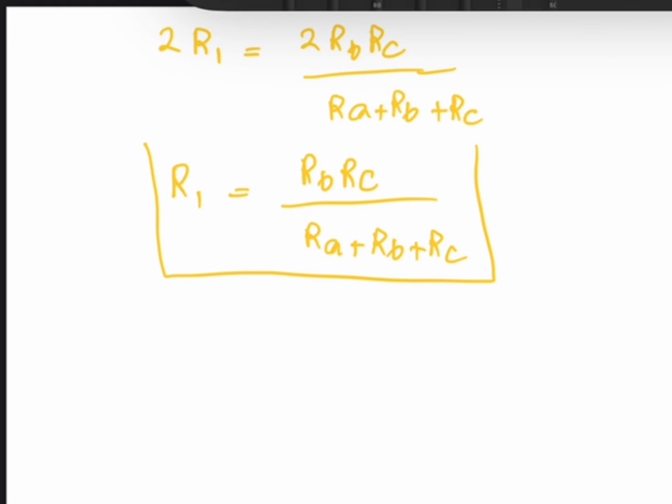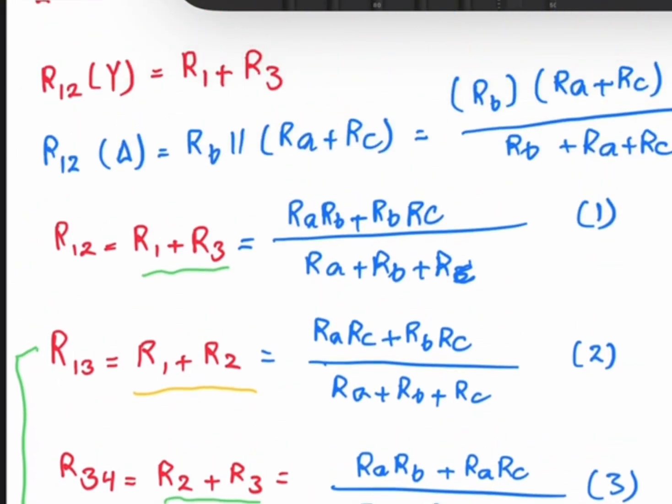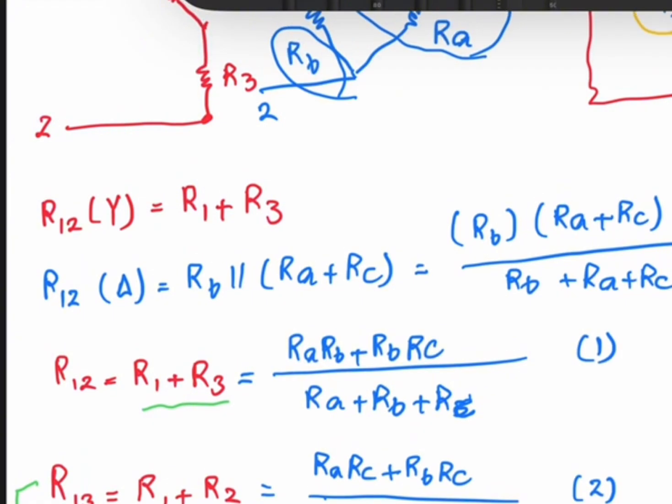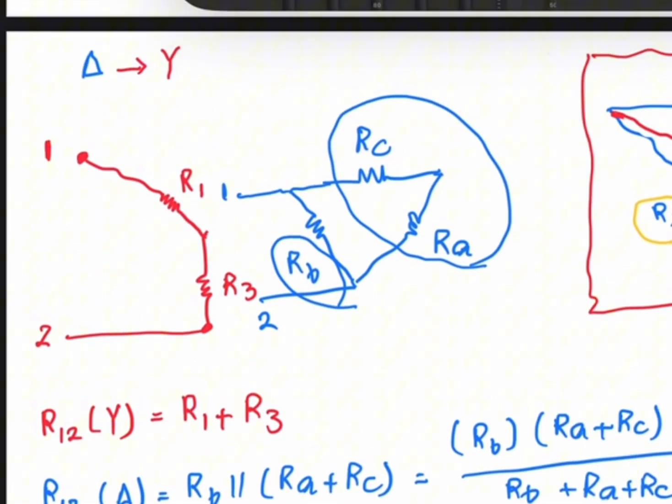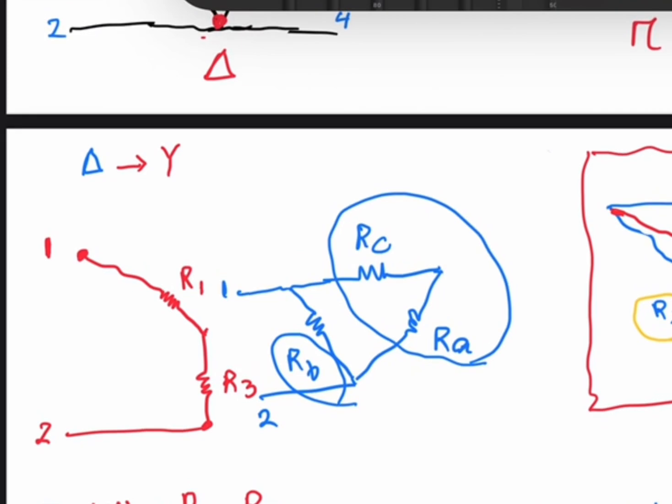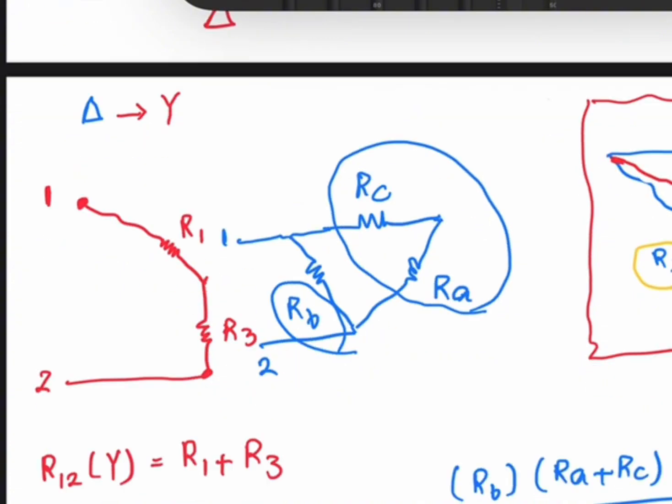So I can get a pattern here, which says that each resistor in the Y network is the product of the resistors in the two adjacent delta branches. The two adjacent delta branches of R1 are RB and RC, which you use in the numerator over the summation of all three resistors.